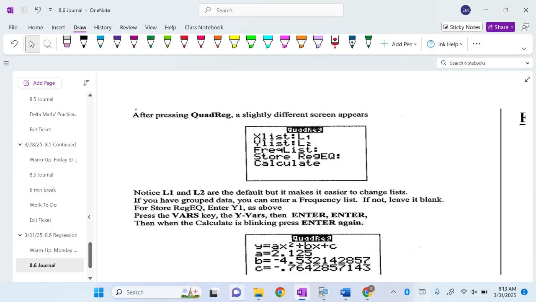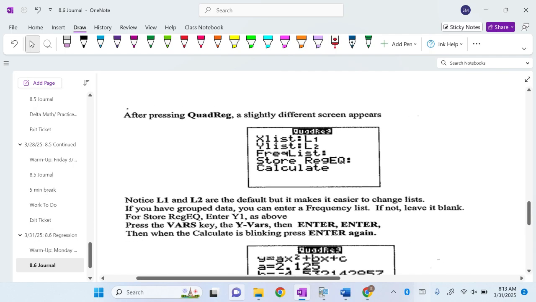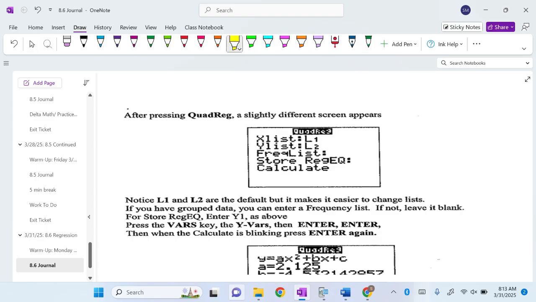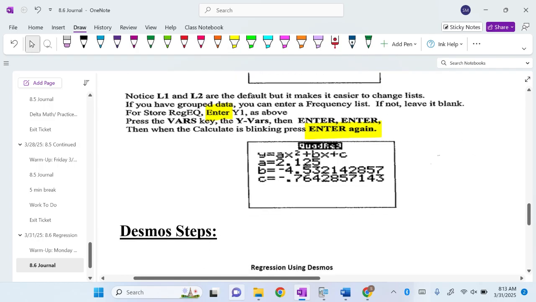Now, all right, the next thing that we're going to do is we're going to now do the actual calculation. So all you got to do is just hit enter. Just keep hitting enter until you see this screen here.